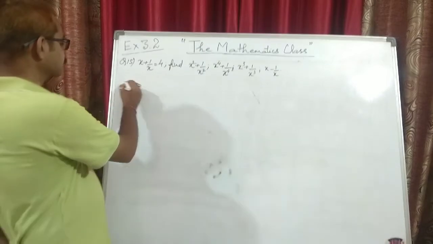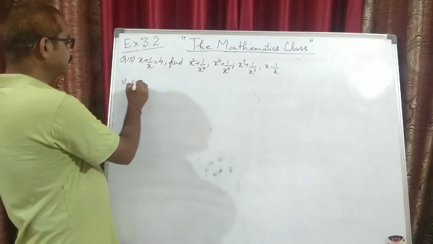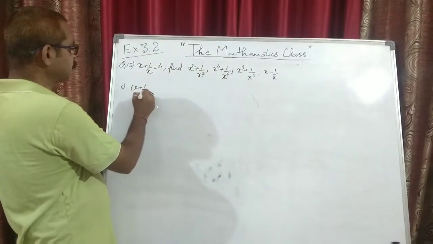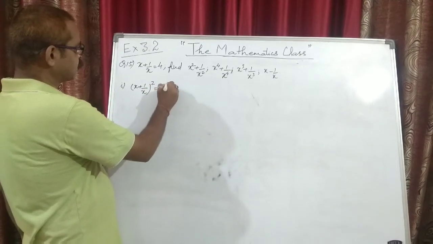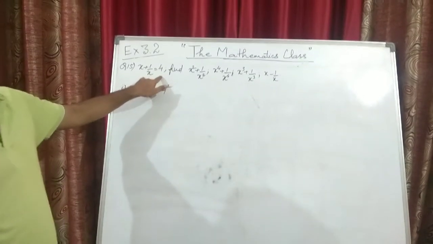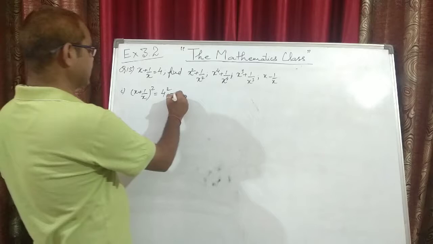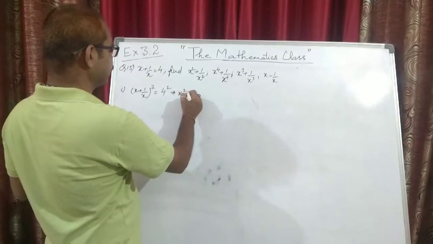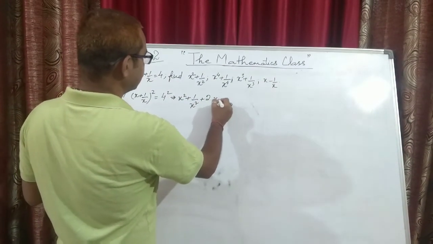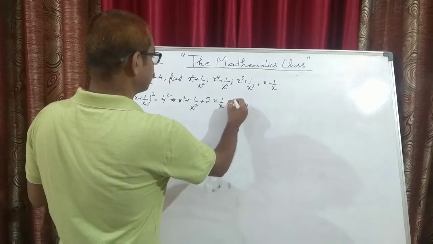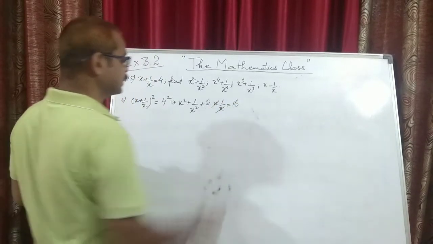So first of all, (x plus 1 upon x) whole square will be 4 square. What we have done is squaring both the sides. This can be written as a square plus b square plus 2ab is equal to 16. This and this cancel.